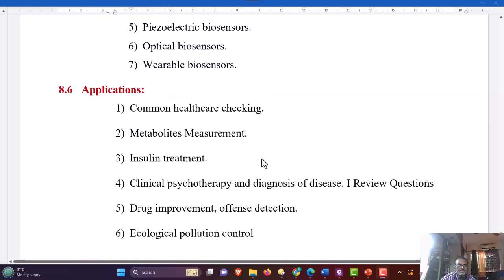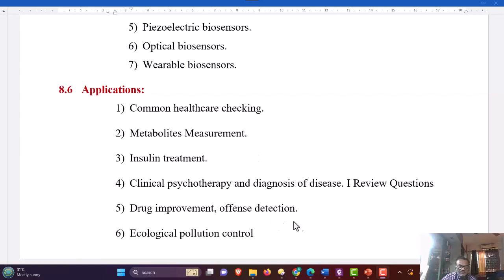Various applications of biosensors: in common healthcare checking areas, biosensors are used. Metabolic measurement, for various metabolic parameters, can be done using biosensors. For example, biosensors can be used in measurement of insulin quantity and in insulin treatment areas.